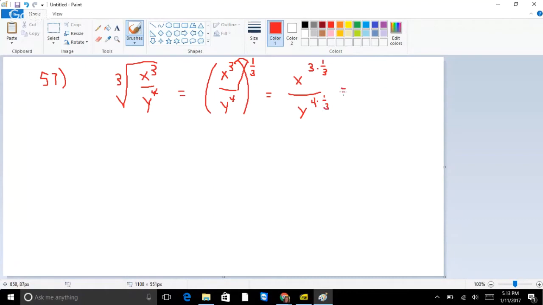And when we simplify that, we get x. 3 times 1/3 is just 1, so it's just x to the 1st power, or just x. And our y is to the 4 times 1/3 power, so it's y to the 4/3 power. Okay, so this is what I came up with when I went to check my work.